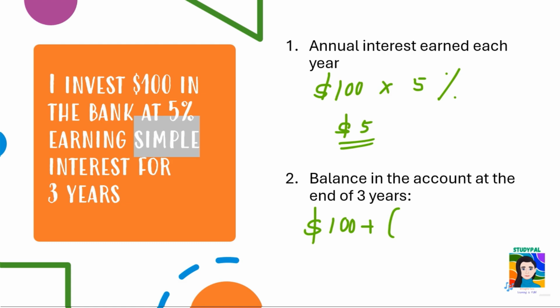In the second year also you earn $5. At the end of the third year also you earn $5. So $5, which is the interest, times 3 years. The answer will be $115. That is the balance in the account.